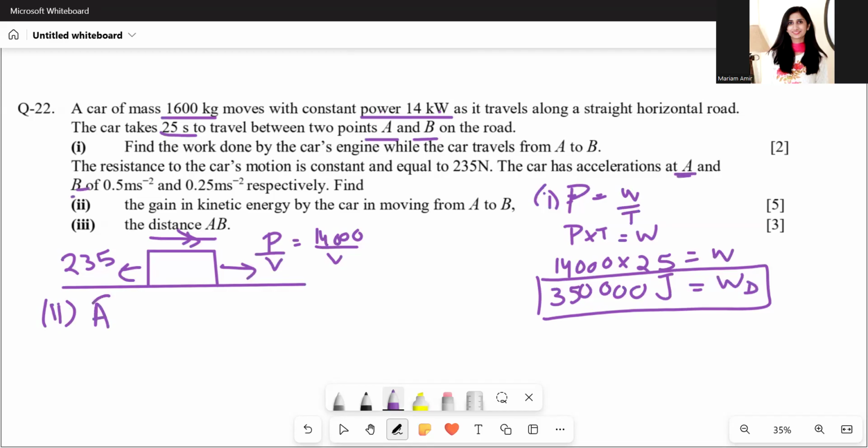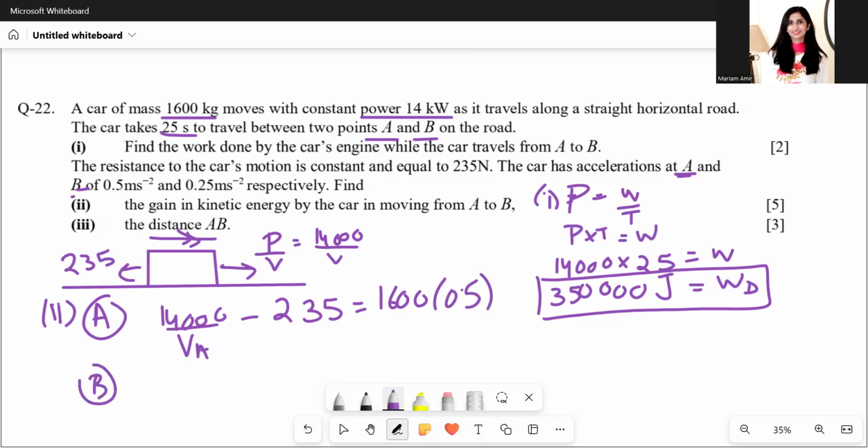So for A, forward force is 14,000 upon the speed at A. Let's call it VA, minus the backward force 235, is equal to mass times the acceleration at A, which is 0.5. Do the same for B. Forward force would be 14,000 upon the speed at B, VB, minus backward force, which is the same, is equal to mass times acceleration for B, which is 0.25.